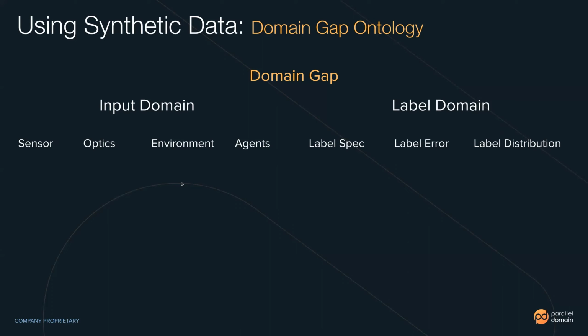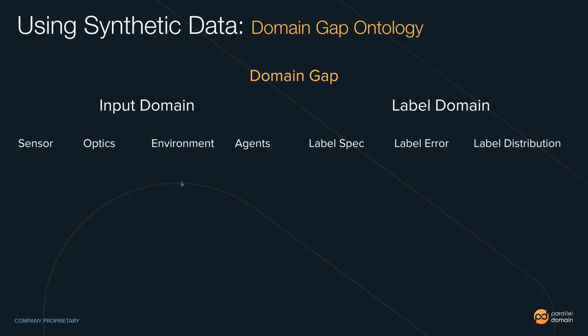And what we noticed is the difference is not just on the input domain, so the image that you input into your model, but also on the label domain. We're now going to go over several of those gaps and show some examples to motivate how we would go about finding out which parameters on our data to tweak, because these sub gaps give you a good hint towards what to tweak in our system to reduce that gap.